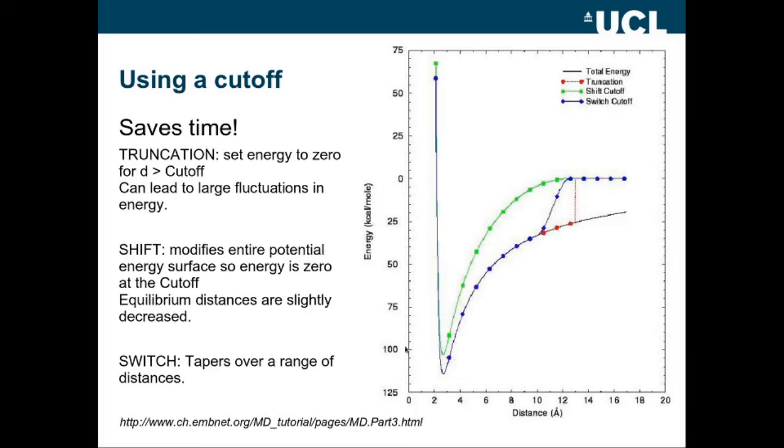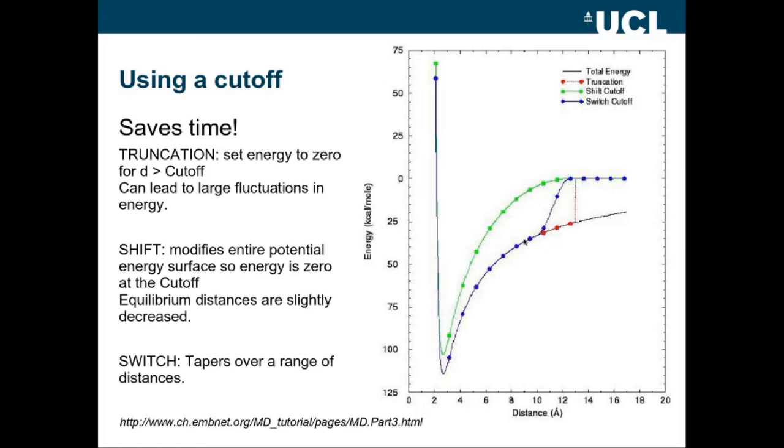And the third option, which tends to be the preferred approach, is what's known as a switch, and that tapers off the effects of electrostatics or whatever it is we're looking at over a range of distances. So in this case we're starting to fade out the energy potential that we're looking at around 10 angstroms, and by the time we get to 14 it is back to 0.